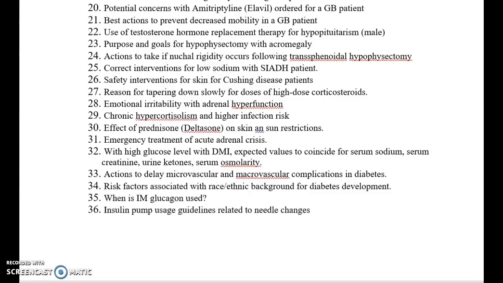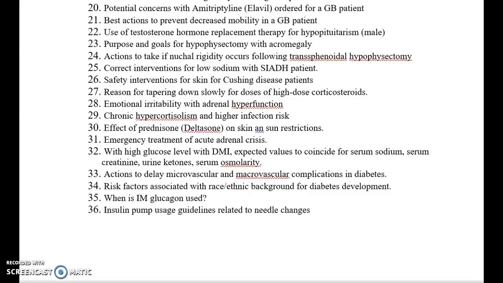It doesn't necessarily make them psychotic or anything like that, but they need to be coached and educated that these feelings are normal, and that as soon as we can get the adrenal hyperfunction back down to normal, some of those reactions will subside.